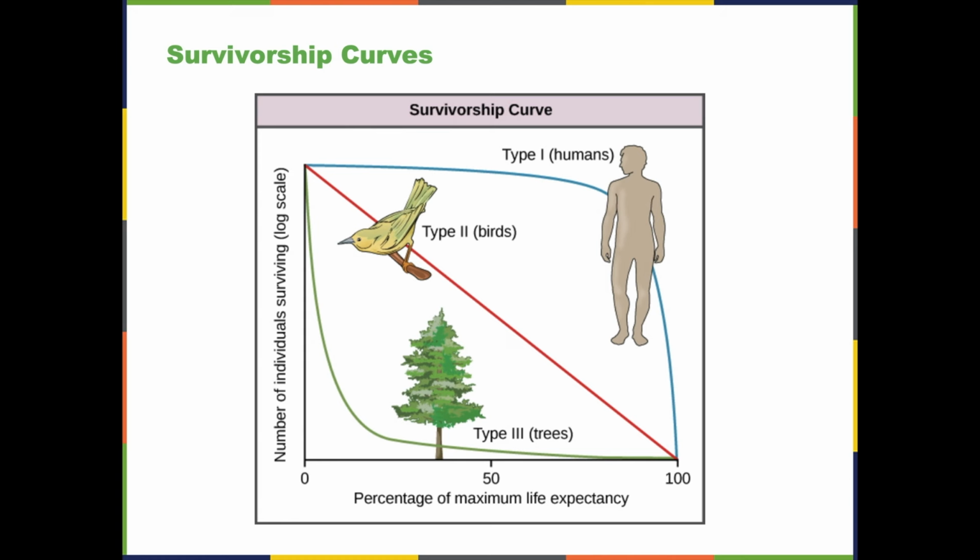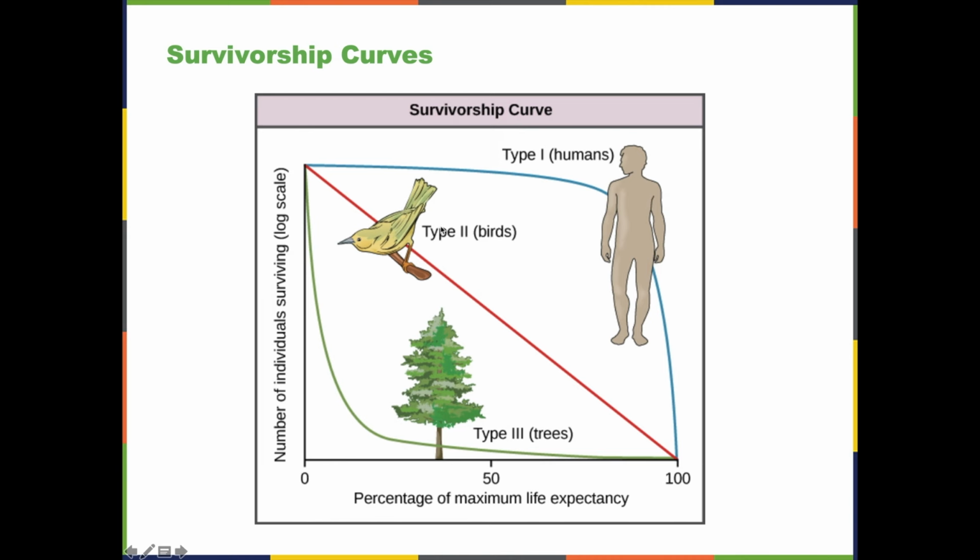So what is done then, scientists look at the number of individuals that are surviving against percentage of maximum life expectancy. So on the x-axis, you're not looking at the absolute life expectancy, it's the percentage of individuals that are alive within their lifetime expectancy.